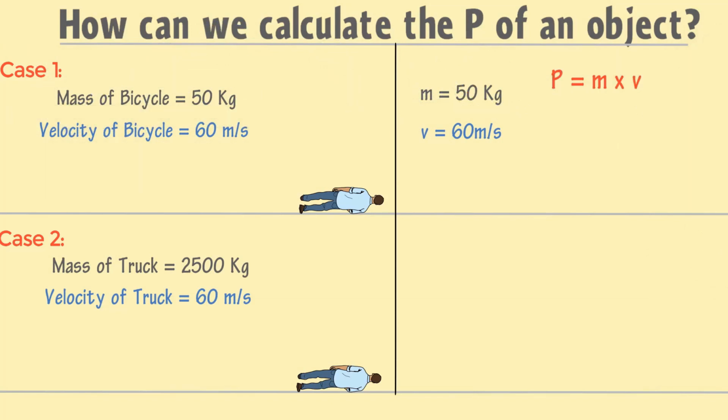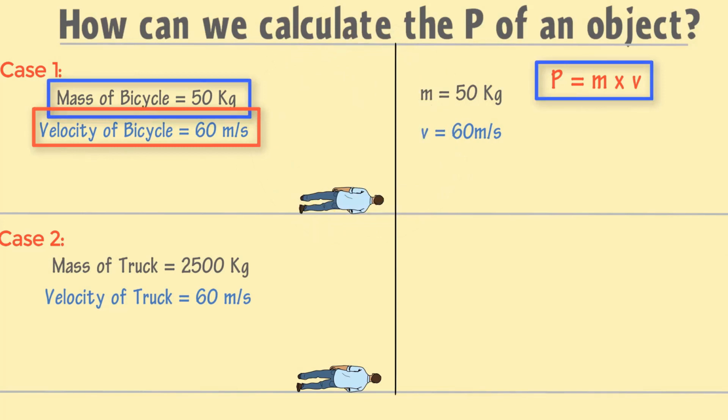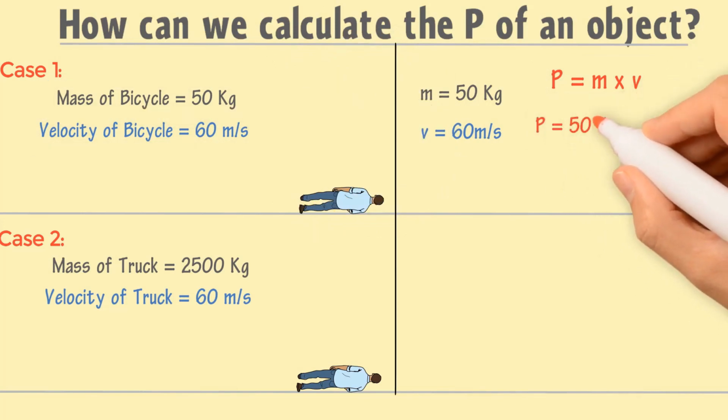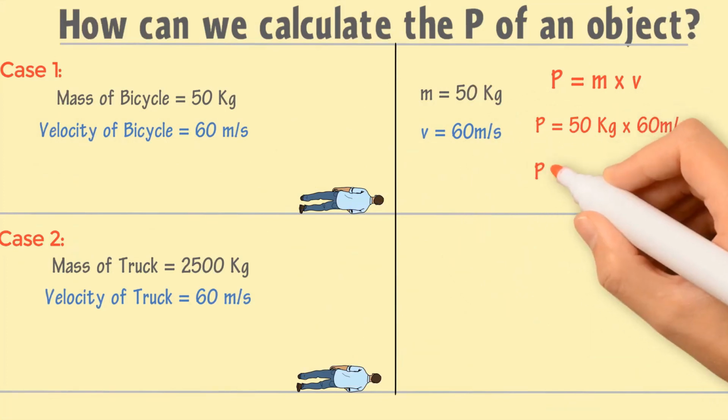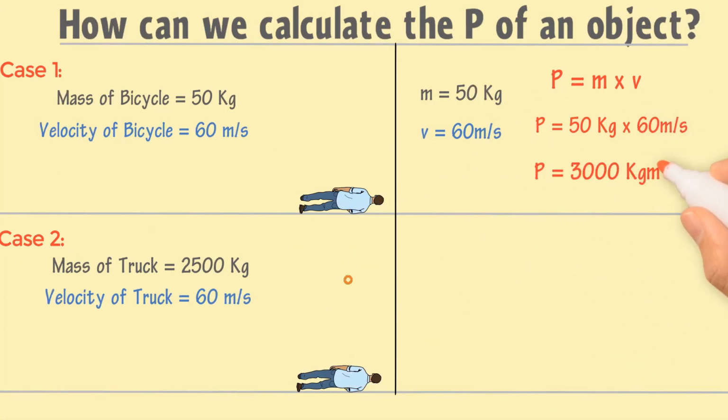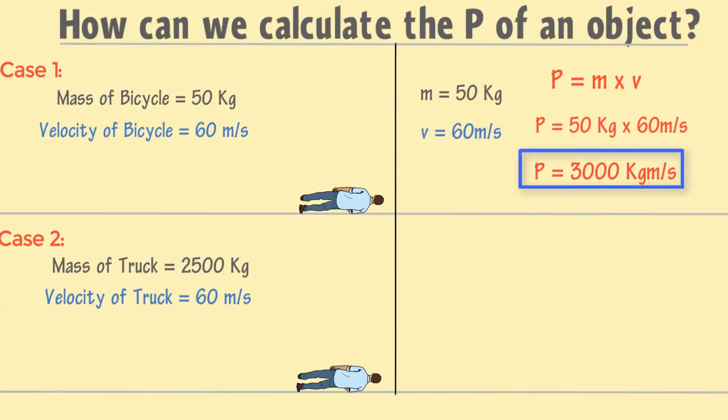Now putting values in the formula, p is equal to 50 kg times 60 meters per second. We get 3000 kg meter per second. Hence the momentum of the bicycle is 3000 kg meter per second.